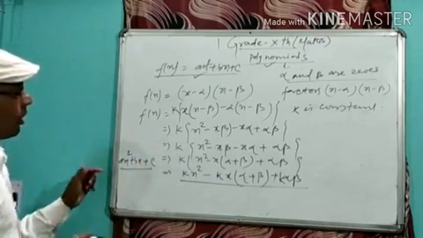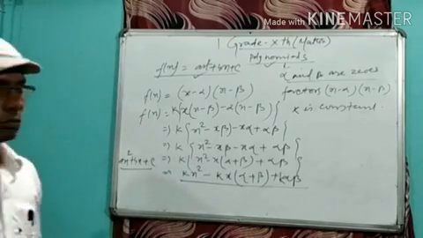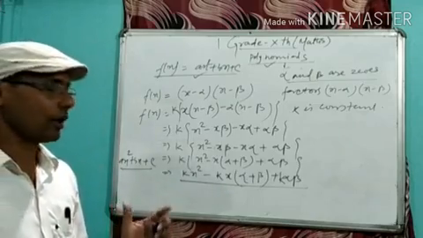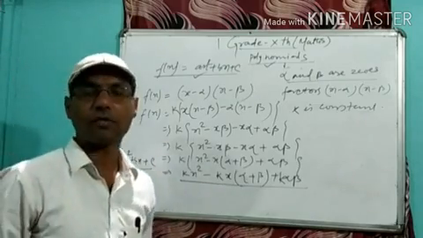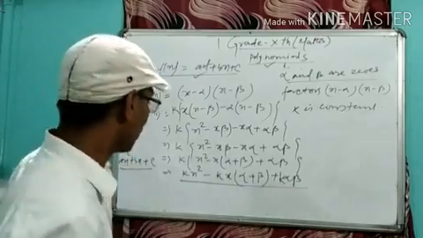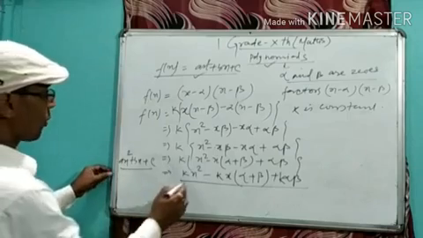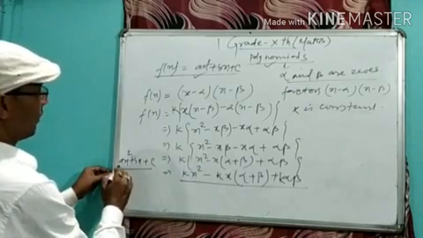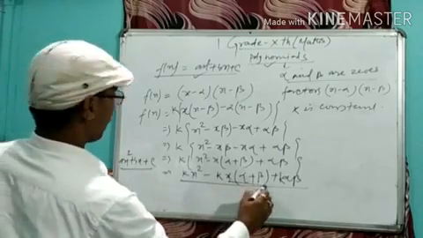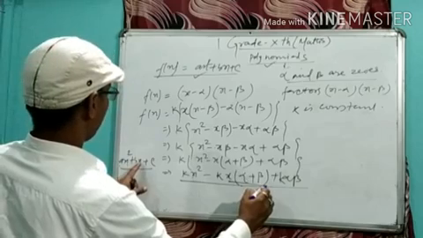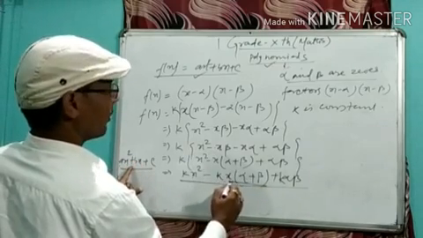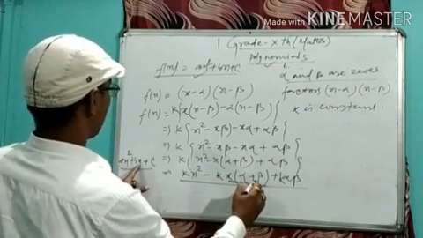Now I am going to establish the relation between the coefficients and zeros. So what you are looking at, x square, here k is the coefficient, here a. This is the coefficient of b. The coefficient of x is b. Here the coefficient of x is minus k times alpha plus beta.